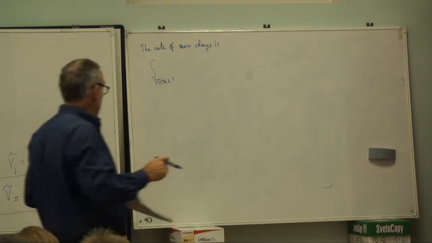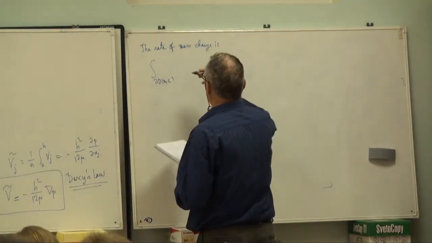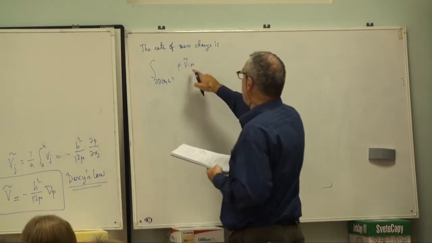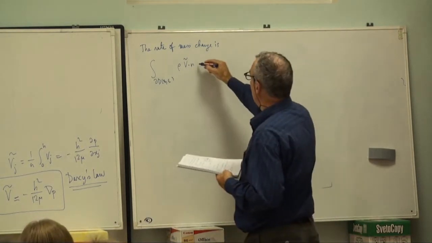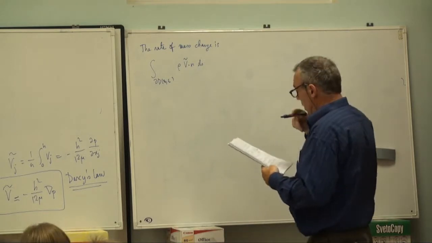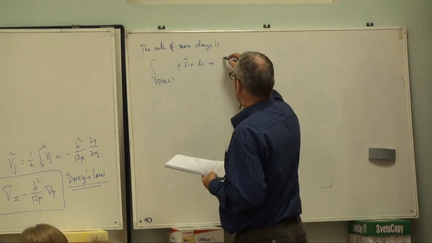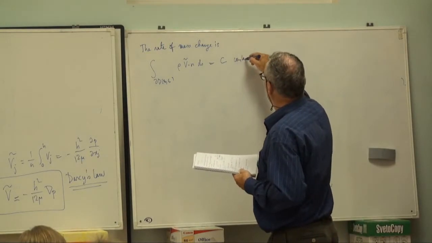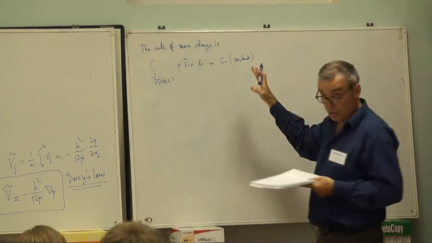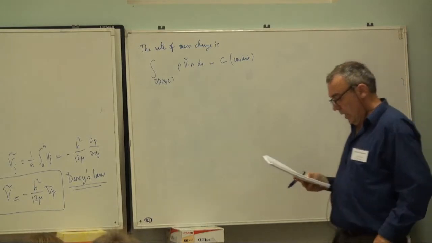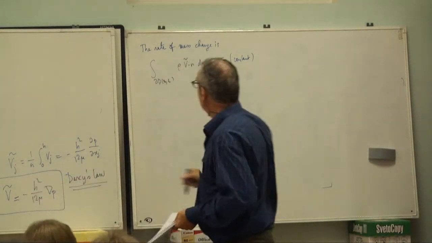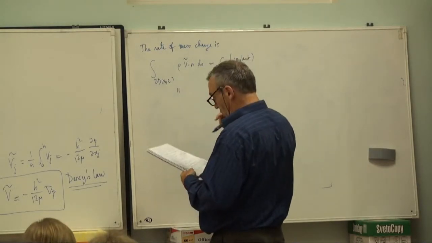The rate of mass change is just rho v twiddle dot n, the normal derivative to the circle, and this is supposed to be constant. That's the assumption.